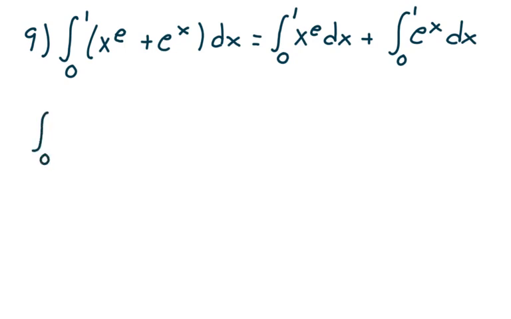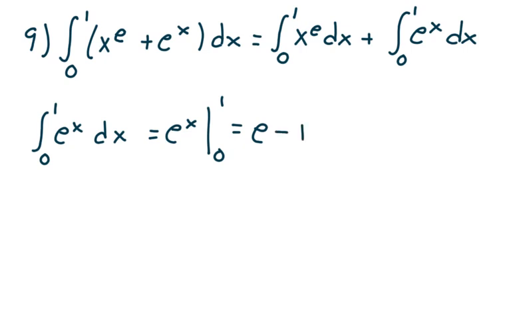So the integral from 0 to 1 of e to the x dx is e to the x evaluated from 0 to 1. Replace x with 1. e to the 1 is e, so I get e. Replace x with 0. e to the 0 is 1, so I get e minus 1.